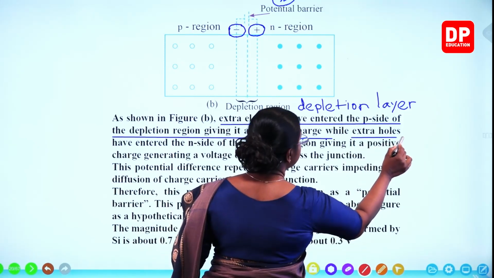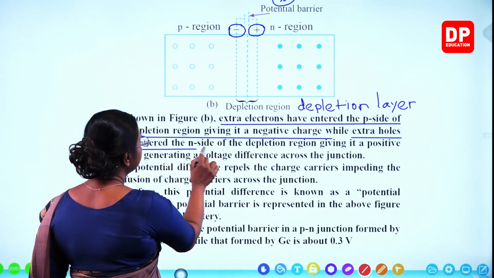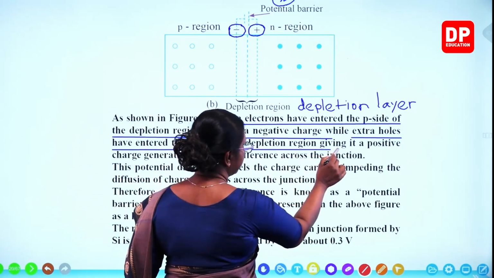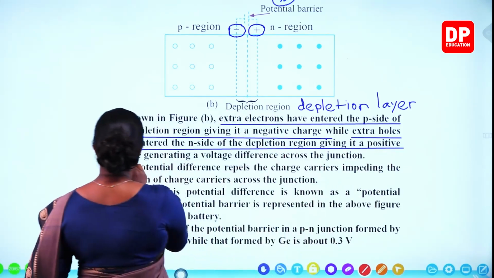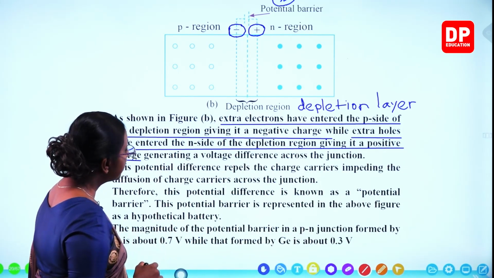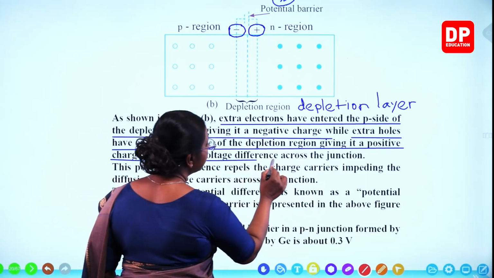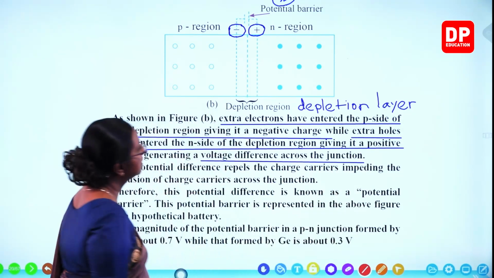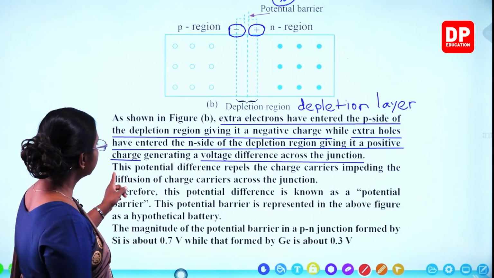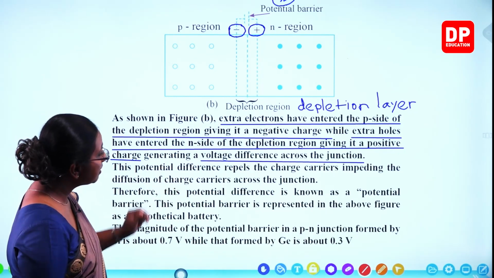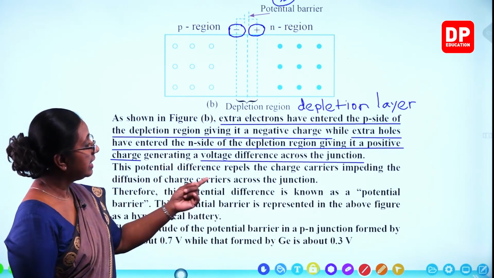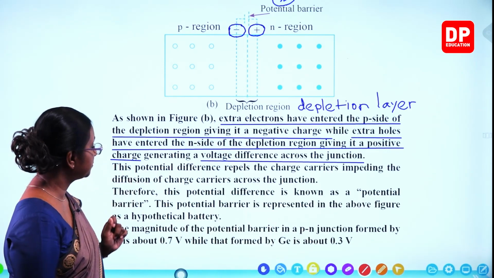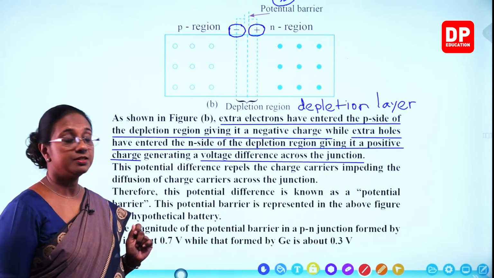While extra holes have entered the N side of the depletion region, giving it a positive charge, generating a voltage difference across the junction. This potential difference repels the charge carriers, impeding the diffusion of charge carriers across the junction.